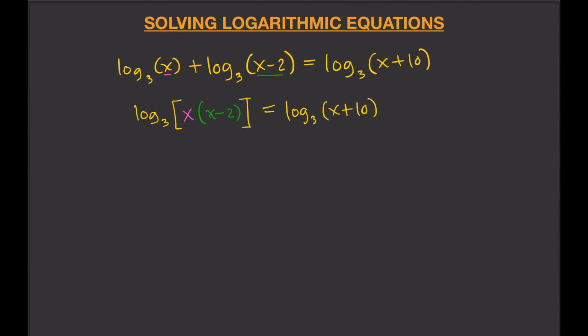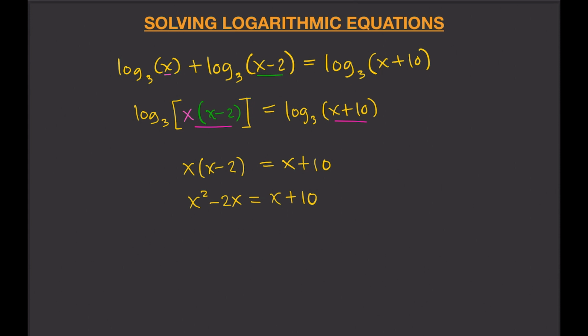So now at this point, I'm just going to equate my arguments. Arguments are the expressions inside a function. So that's just going to be x times x minus 2 equals x plus 10. And then I can now solve for x. That's x squared minus 2x equals x plus 10.